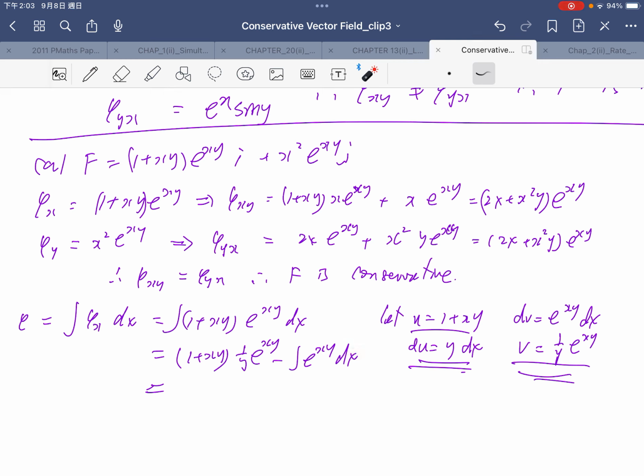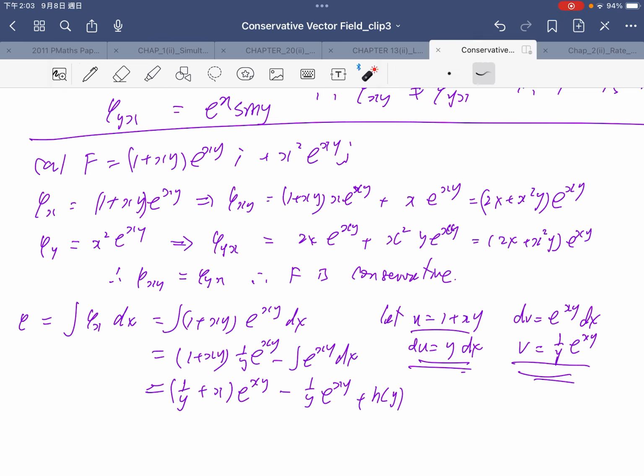Okay, and then 1 plus xy multiplied by 1 over y e to the power xy, and then the derivative with respect to y of the function. This is 1 over y e^(xy) plus a function h(y).